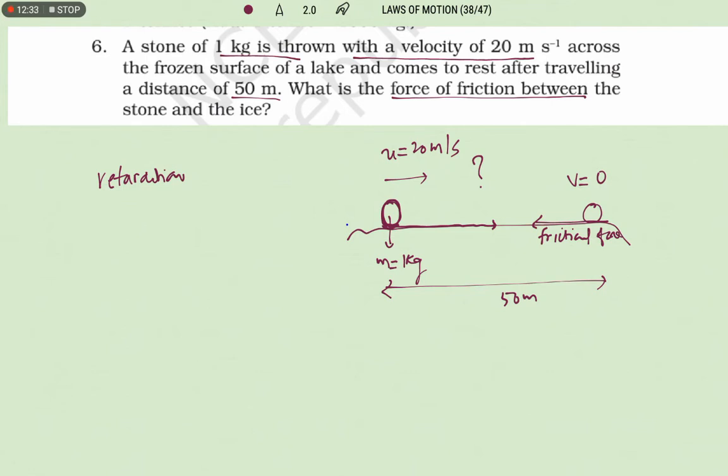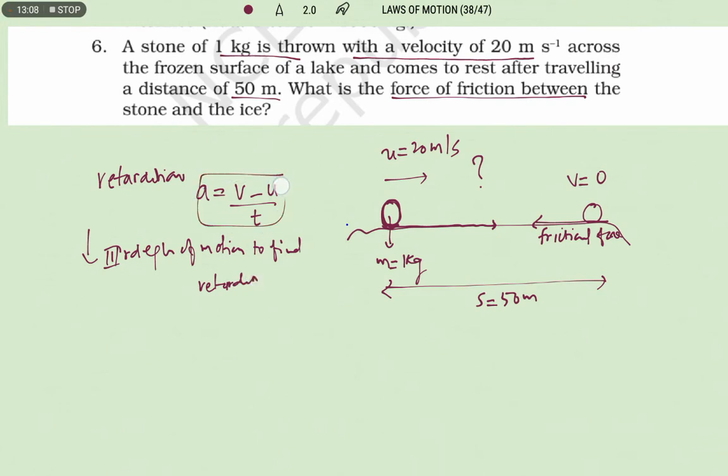If the velocity is going to reduce, the acceleration will be negative. So a equals v minus u by t. But here there is no information about the time, and the distance is given. Let us use the third equation of motion to find the retardation, because the first expression won't work out, since to use it we need time, but here no time is given.